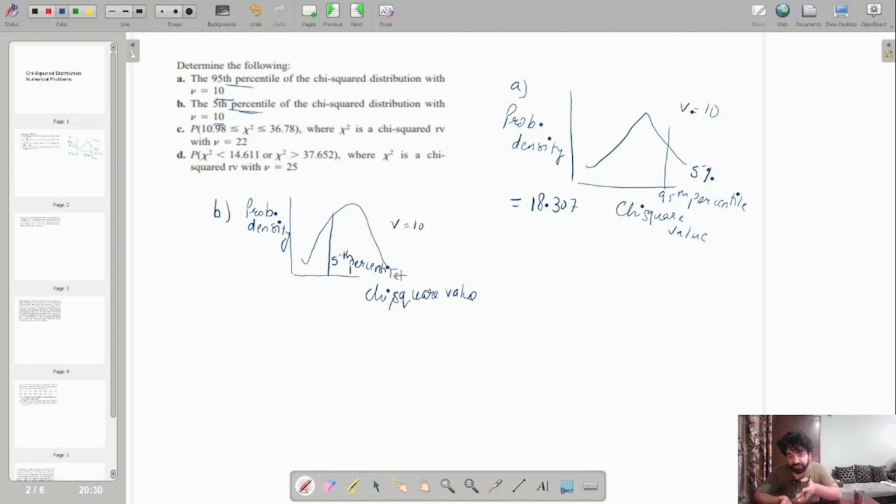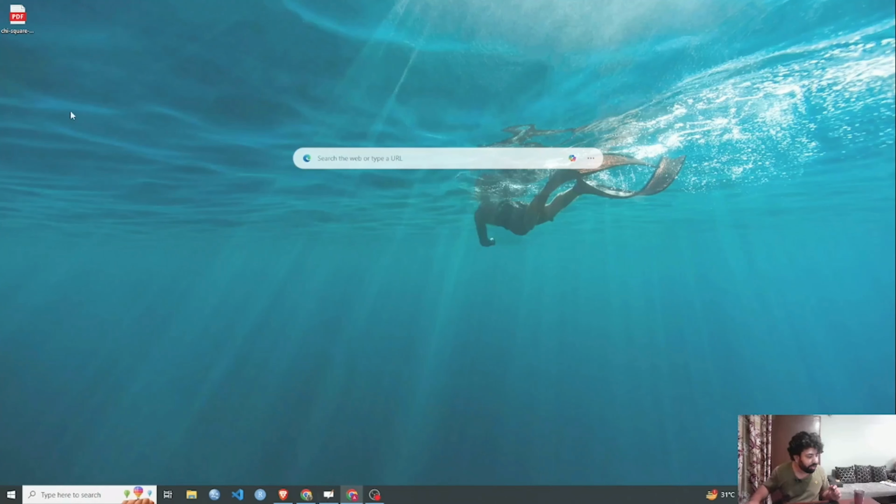And since it says the fifth percentile corresponding value for the distribution, it is the chi-square distribution to the left of 5%. So if I have to go through the table back and find out this value, so I'll just hide open board and I will again open the table.